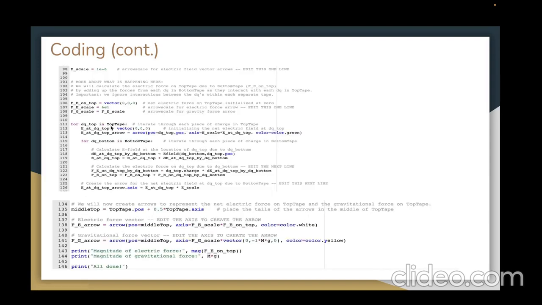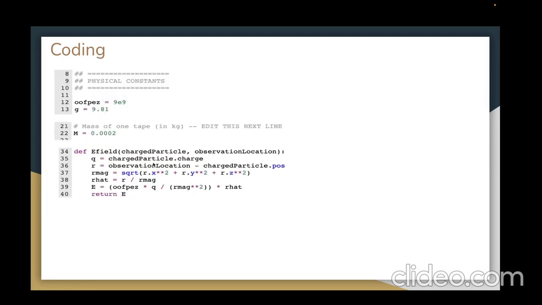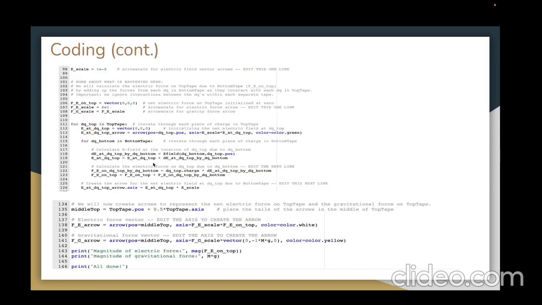Going on, you can see we go through every single charge in the top tape and calculate the electric field due to each individual point charge on the bottom tape. And then we do the reverse of that for every charge in the bottom tape. So we're calculating basically every single combination of electric field values between the top tape and bottom tape.